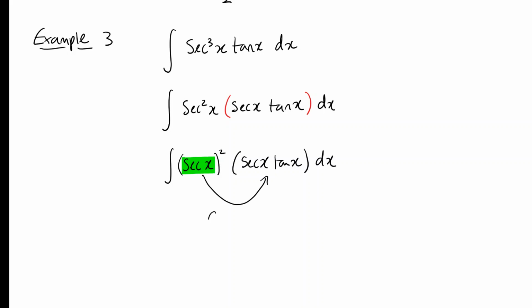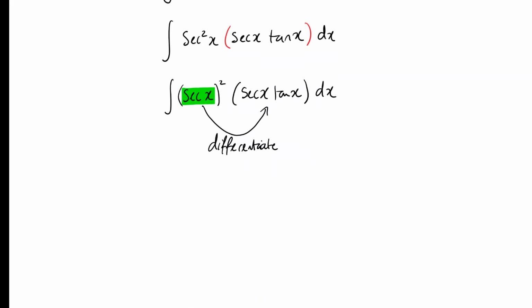So if you differentiate sec x, you get sec x tan x. So the part that can be differentiated to the other part of the integral should be u. So let u equal sec x. Therefore du dx is equal to sec x tan x. It's coming straight from that highlighted line in the derivative part of the formula sheet.